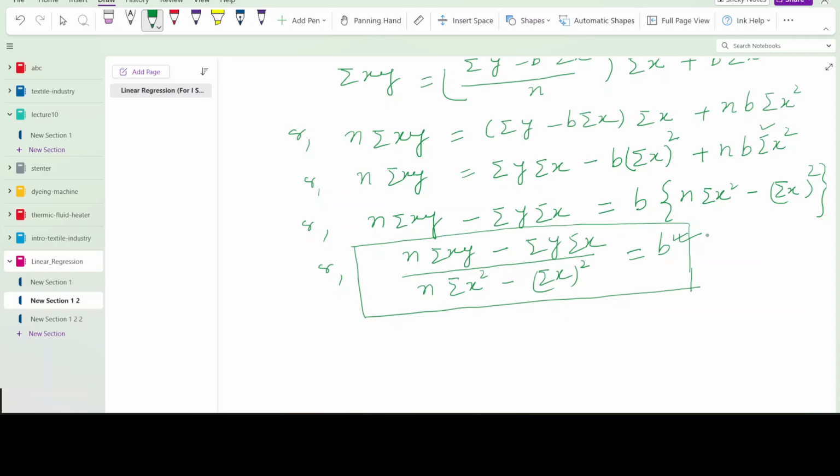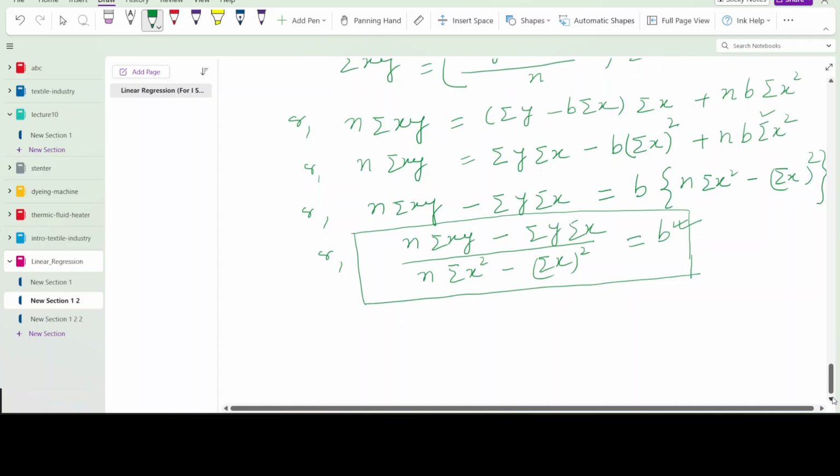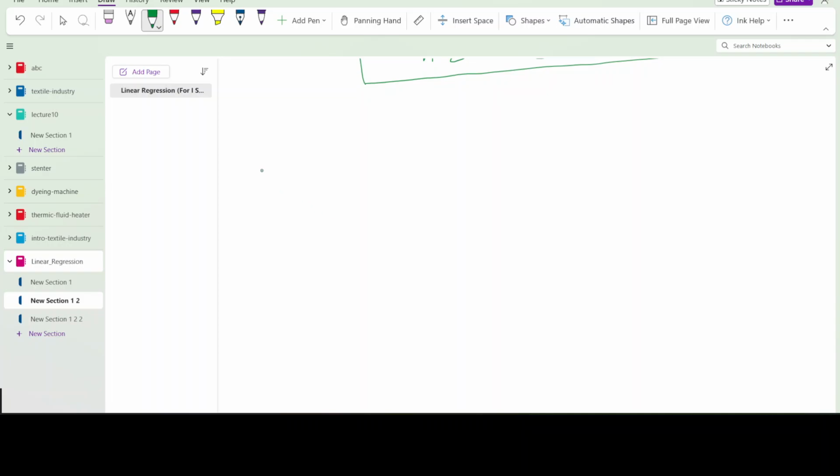Now we have found out coefficient of regression. Then we will know a few things about regression. We will revise the things.